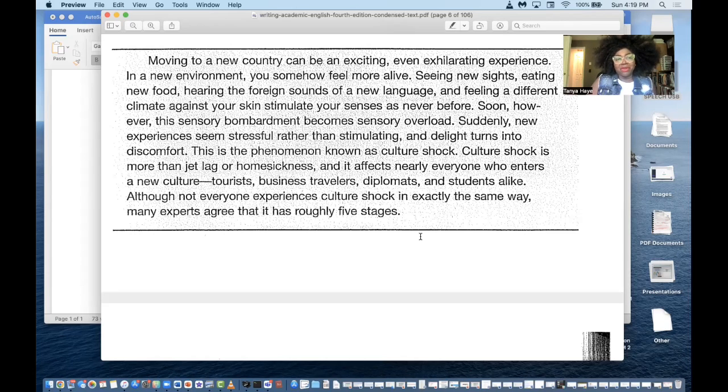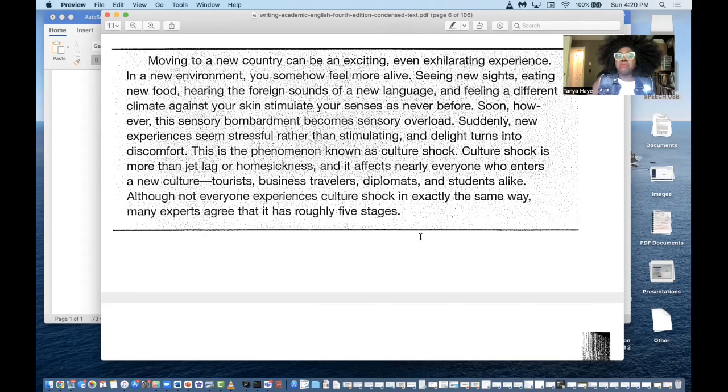Soon, however, this sensory bombardment becomes sensory overload. Suddenly, new experiences seem stressful rather than stimulating, and delight turns into discomfort. This is the phenomenon known as culture shock.